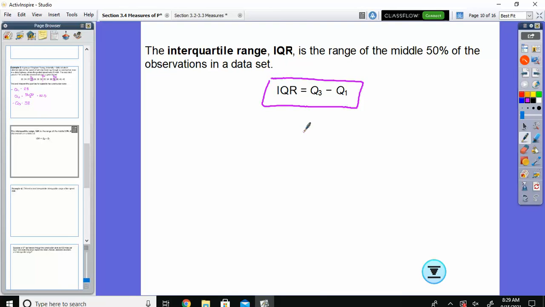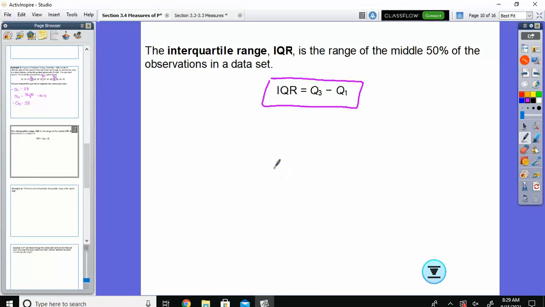When you have major outliers, it's not going to make as much of an impact on the interquartile range. So this is really helpful when our data is skewed. If we have bell-shaped data, standard deviation is our go-to, but if it's skewed, the interquartile range is going to be better for us.